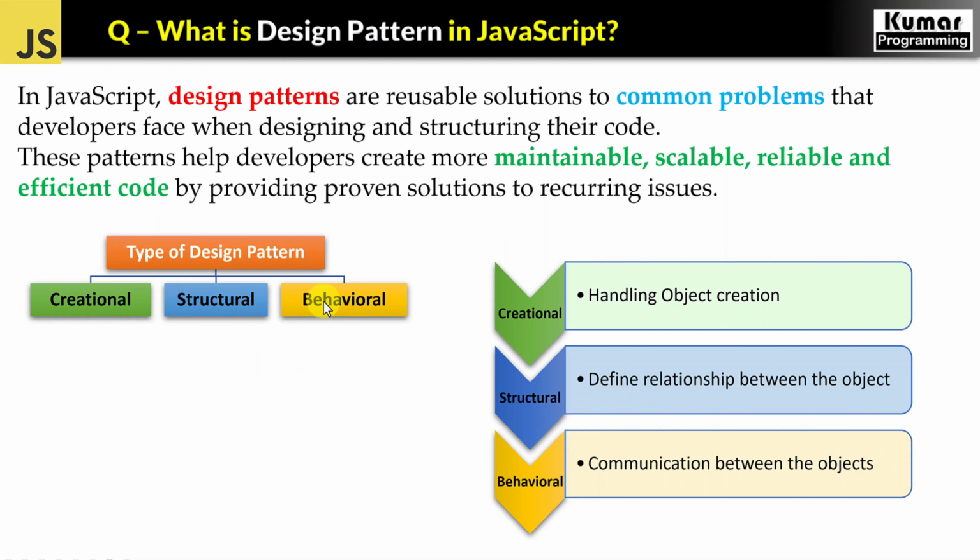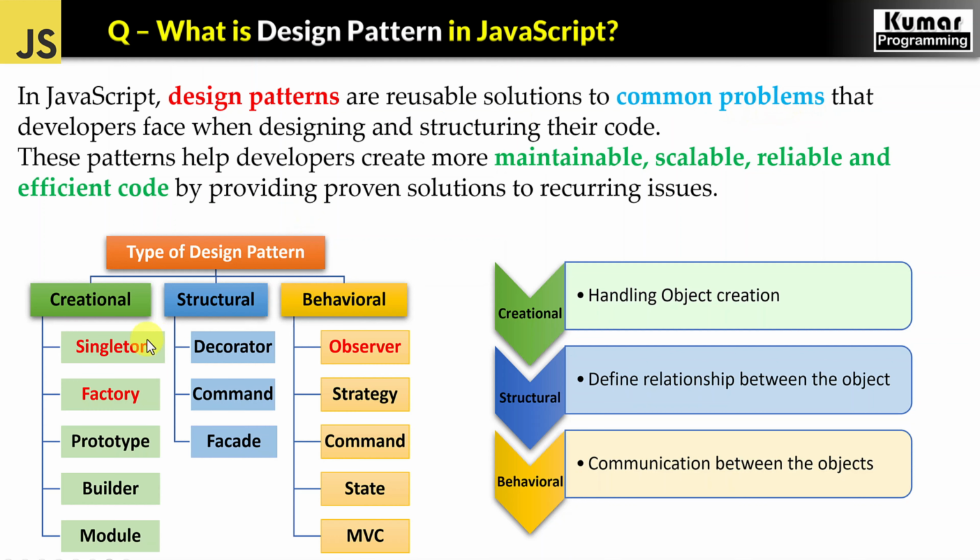Now further, these design patterns are categorized into multiple sub-design patterns on the basis of their common problems. So here if you see singleton, factory, prototype, builder and module, these design patterns are used to create the objects. So that's why these design patterns come under creational design pattern. Now the second design pattern which we have is structural.